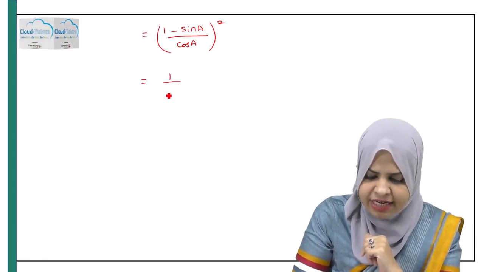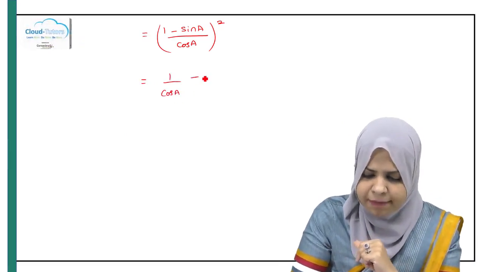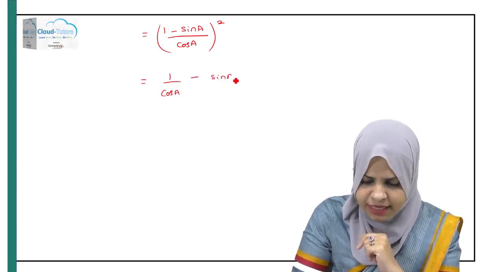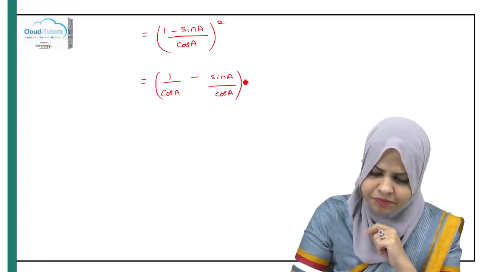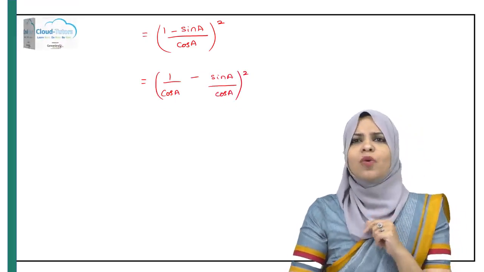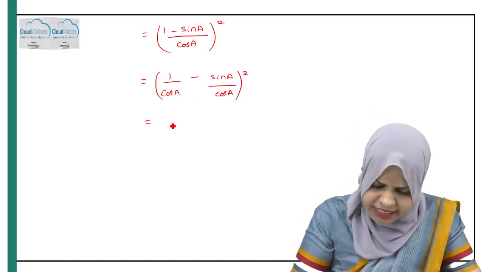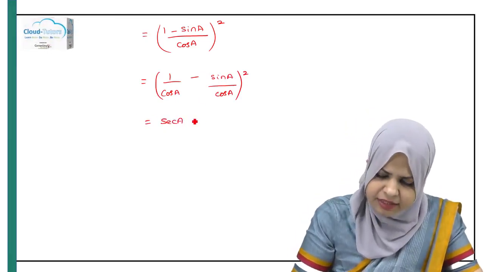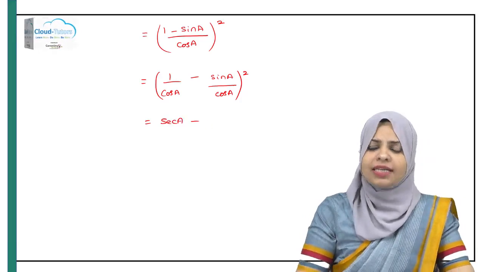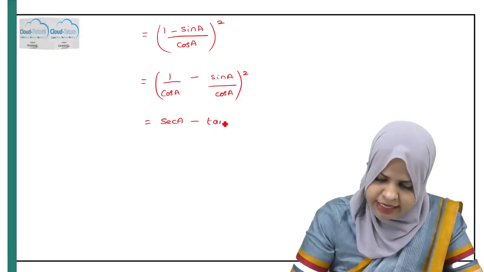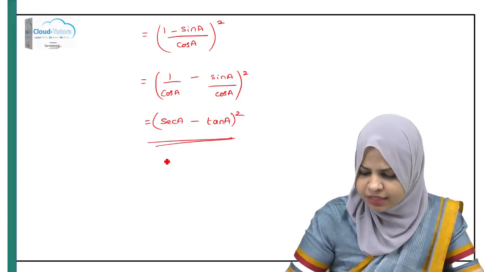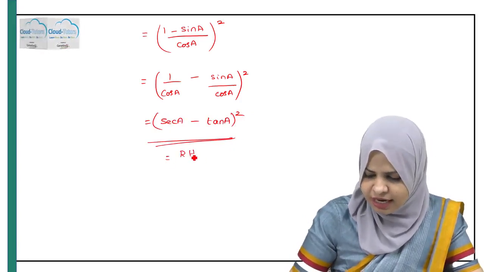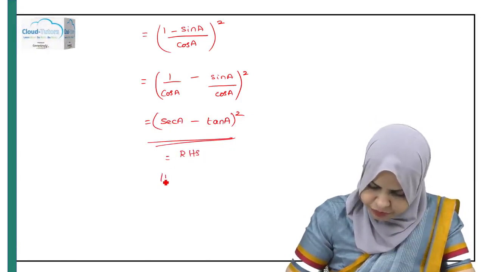Yes, I will write it as 1 by cos A minus sin A by cos A, the whole square. I just split this. So what is 1 by cos A? It is secant A. What is sin A by cos A? It is tan A, the whole square. Voila, we have proved. This is RHS and hence proved.